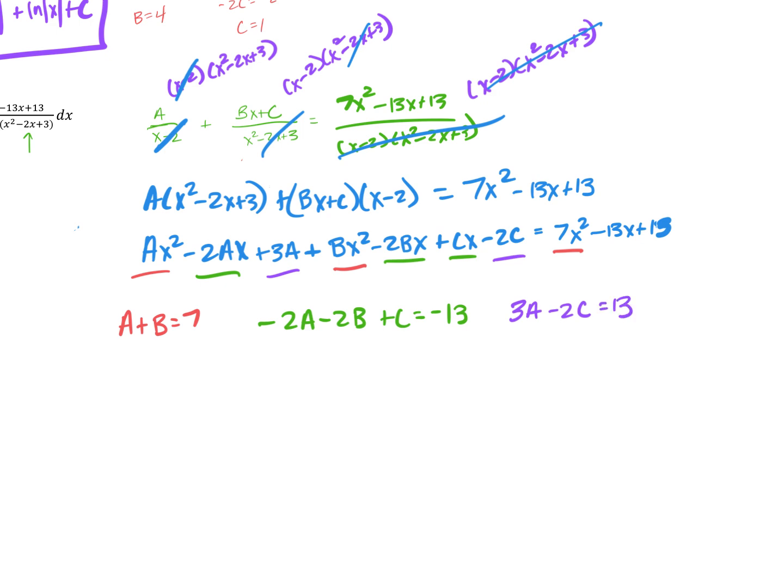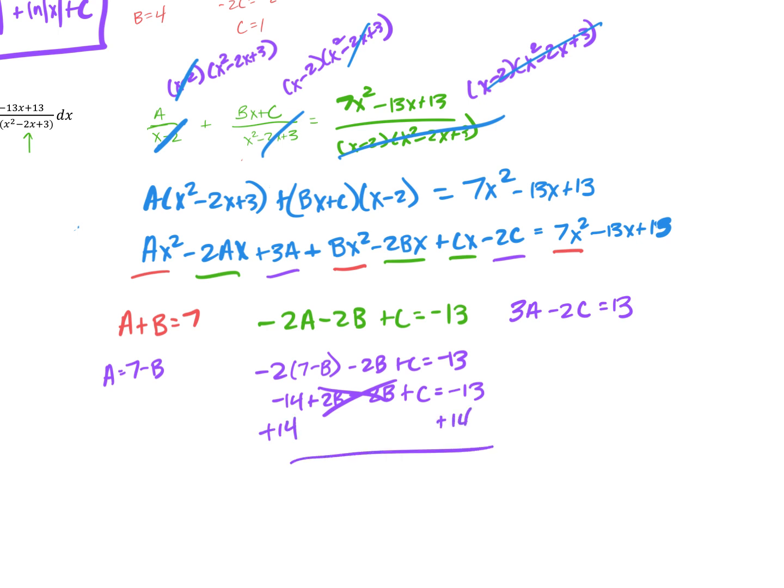And then I think what I would do probably is make a equal to 7 minus b. So now I have negative 2 times 7 minus b, minus 2b plus c equals negative 13. Let's do some simplifying here. Negative 14 plus 2b minus 2b. Oh, that's lovely. So those cancel out. I have negative 14 plus c equals negative 13. I'm going to add 14, and now I have c equals 1.